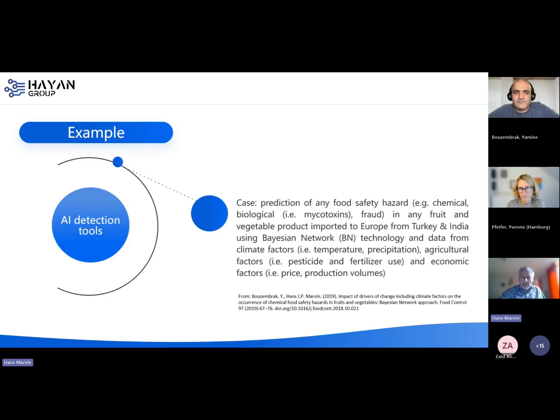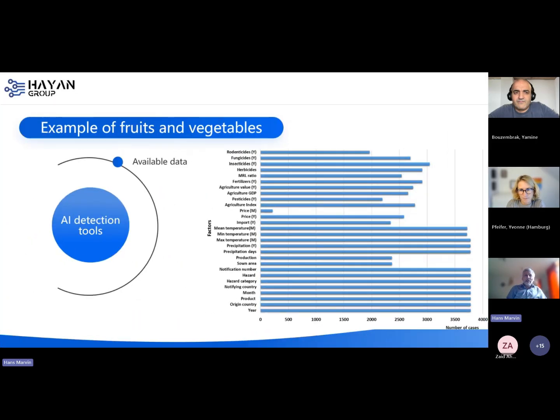All that information was integrated. Here on this slide, it shows you the difficulties in relation to the data gaps. On the right side, you see all the factors that were integrated in the model. On the top there are these agricultural parameters: maximum residue ratio, herbicides, insecticides, fertilizer use, and then there are agricultural values as well, going down, climate factors, and then economic factors as well.